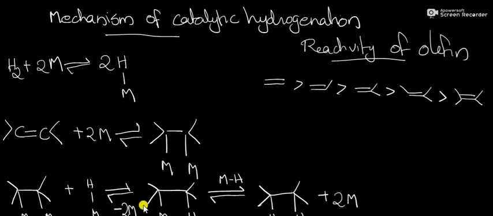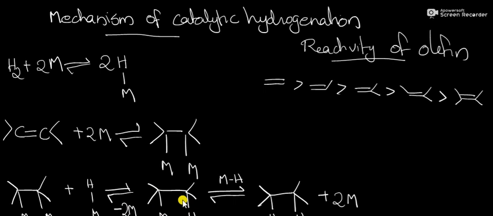Here the last step includes two steps. In the first step, one adsorbed hydrogen atom combines with the adsorbed species to form the half hydrogenated state. Here one is metal, another one is hydrogen, that is the half hydrogenated state.